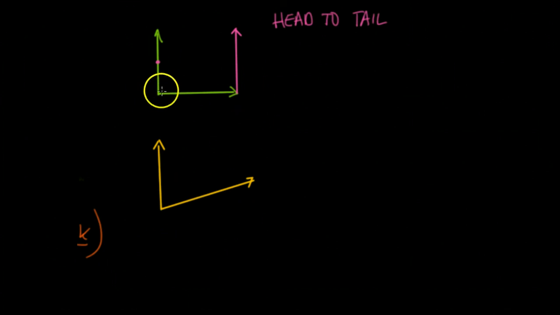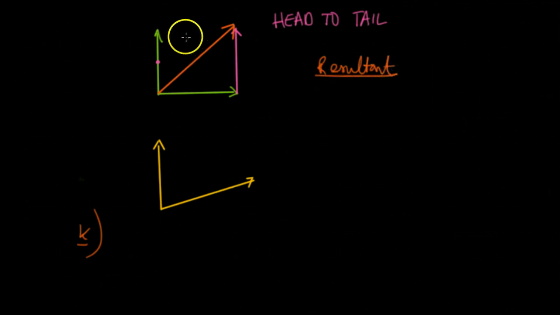So here's the tail of the first one. I need to get myself to the head of the second one. And that is what we call the resultant vector. We normally call it R, and it's the result of the sum of those two independent vectors.